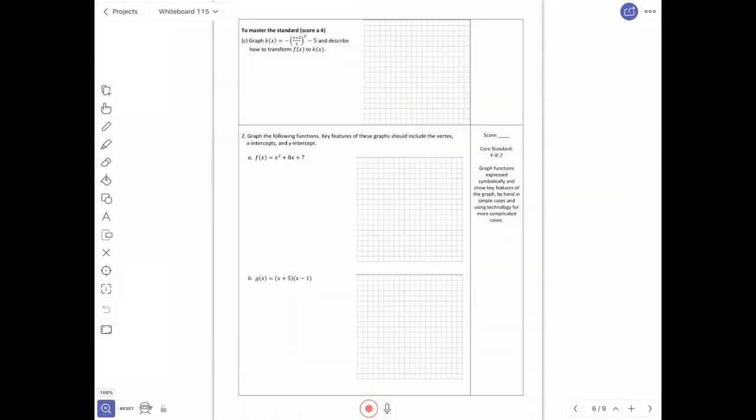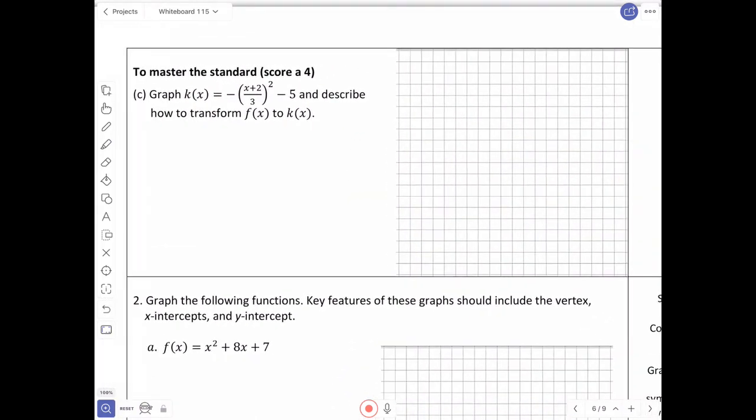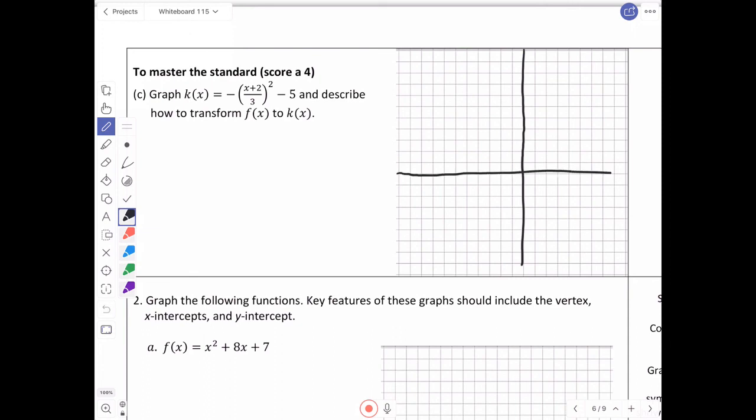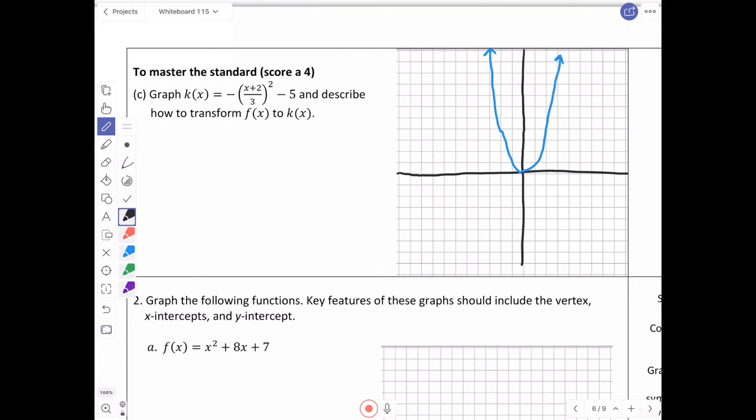Ooh, and here's the good one. C. Okay. This one would have a blue graph of x squared. And then negative x plus 2 over 3 squared minus 5.